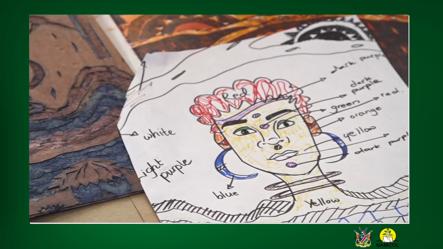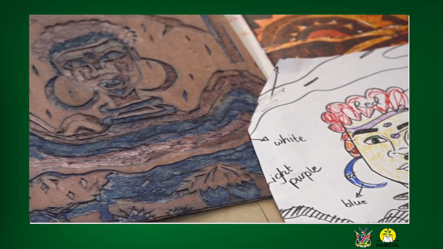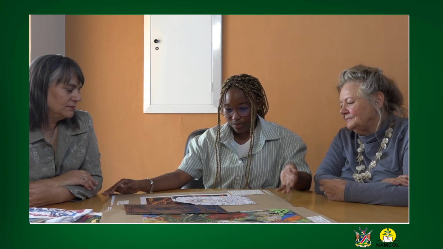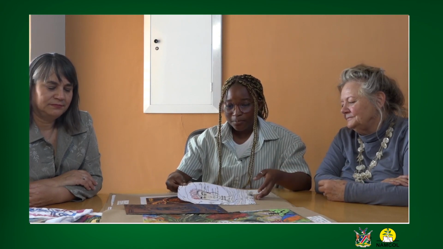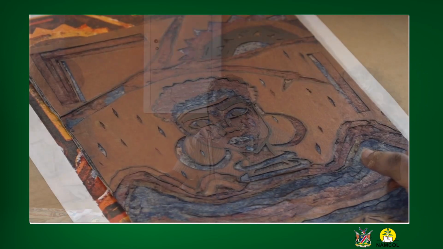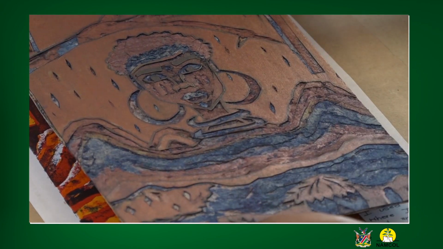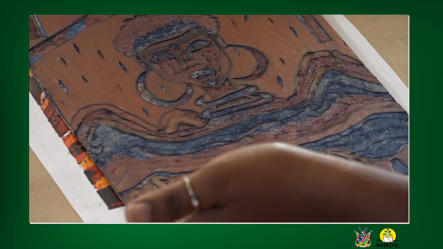I started off with a sketch and an idea of what colors I'm going to use for my multicolored cardboard print. I transferred it onto this specific cardboard piece, took a carving knife, and carved out all of the areas in which I'm going to color.